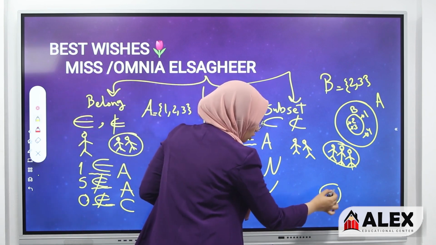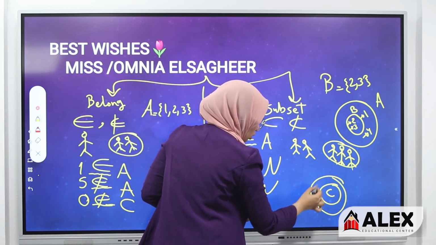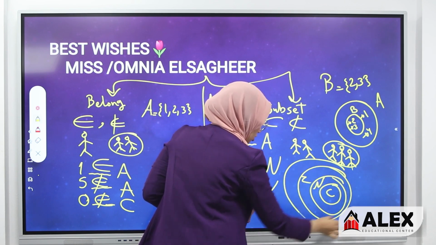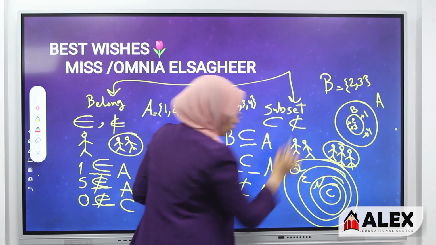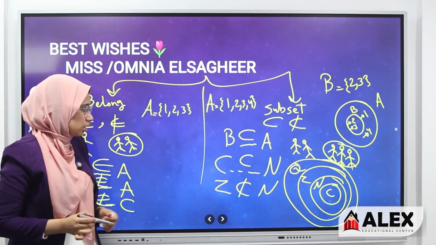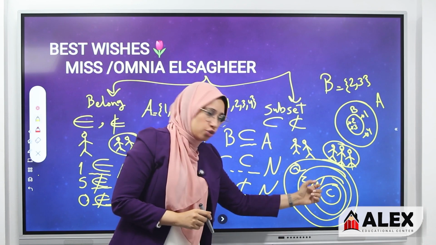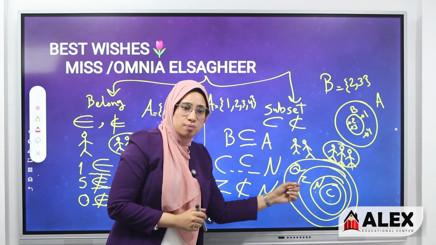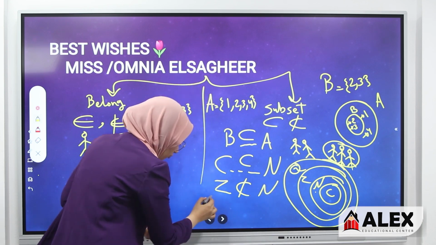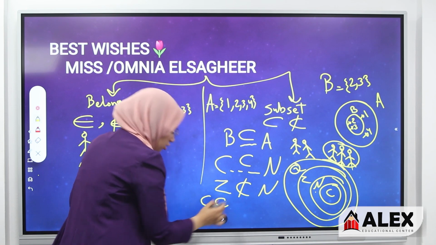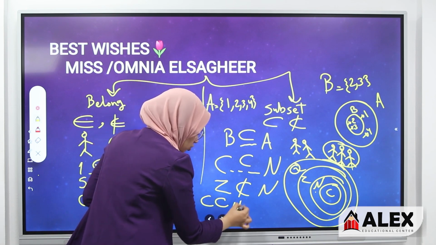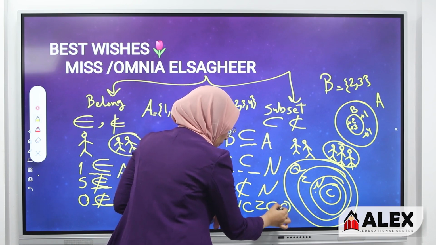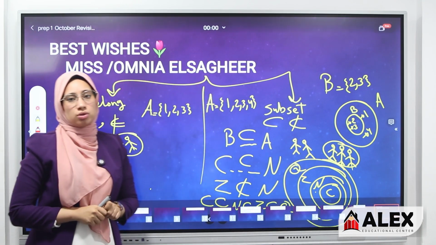We call it counting numbers, then natural numbers, and the greatest one is what? Integer numbers. Then here we have the rational numbers. So counting is a subset of natural, natural is a subset of integer, integer is a subset of rational numbers.